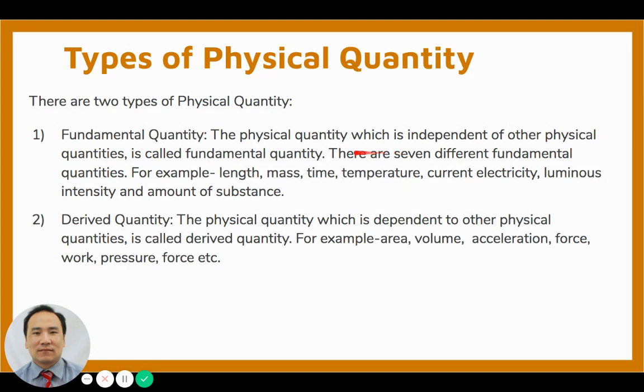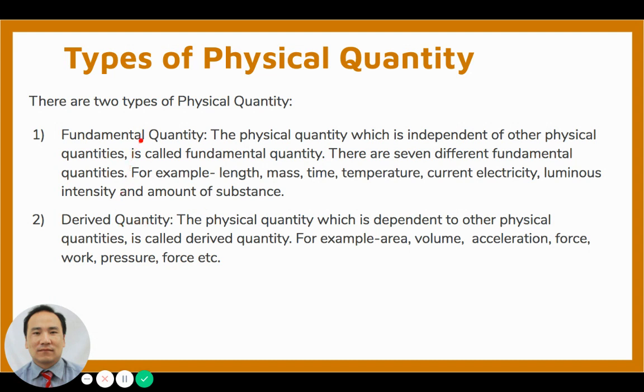Temperature, you can measure directly by thermometer. So length, mass, time, whatever the quantities given here, can be measured directly because they are independent. They don't depend upon other physical quantities. And there are 7 different fundamental quantities. What are they? Length, mass, time, temperature, electric current, luminous intensity, and amount of substance.